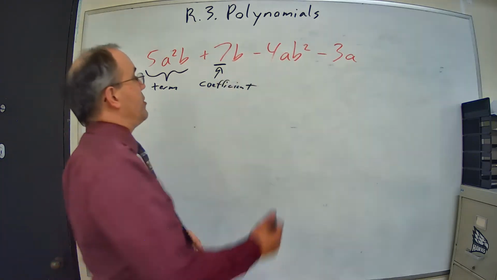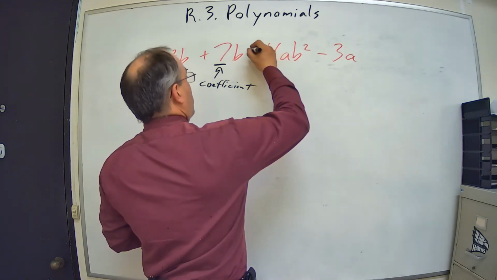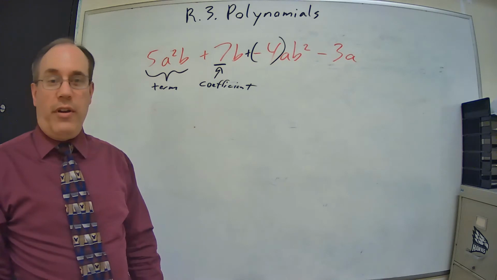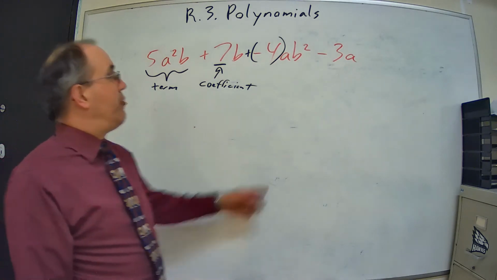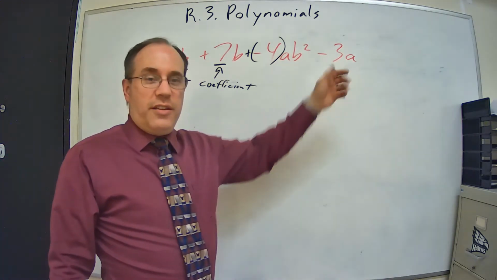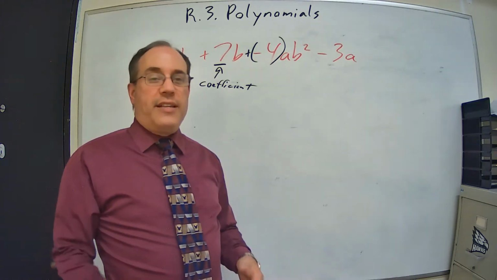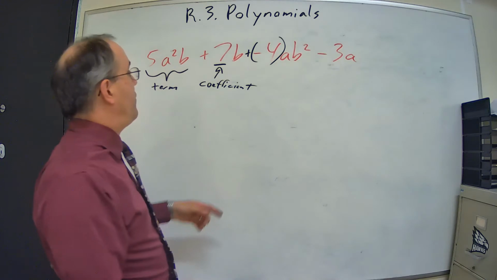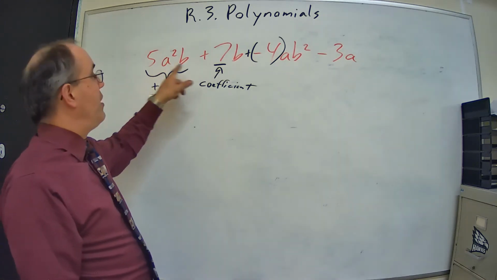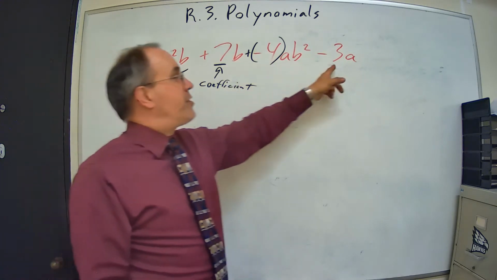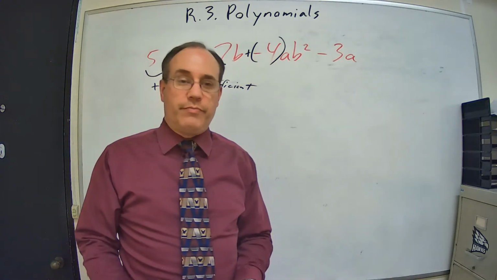So this is the same as saying plus −4ab². So if we have a minus combining one term with another, we'll use that and say that's negative. So the coefficient of this term is 5, coefficient of this term is 7, coefficient of this term is −4, the coefficient of this term is −3.